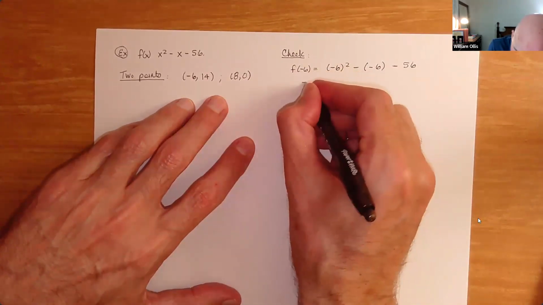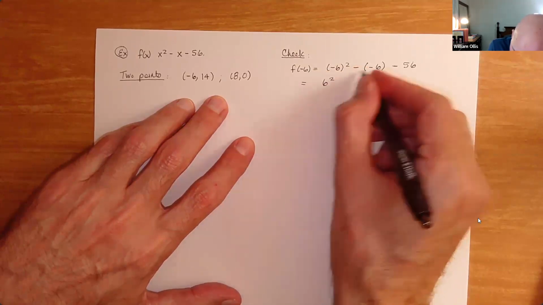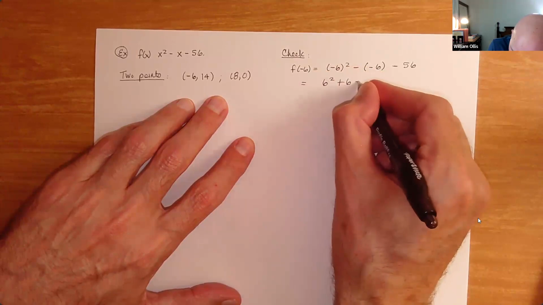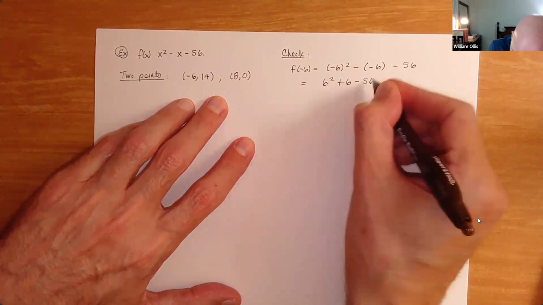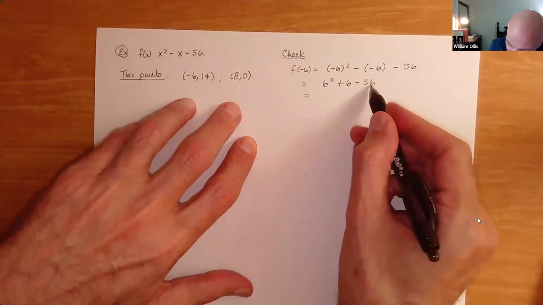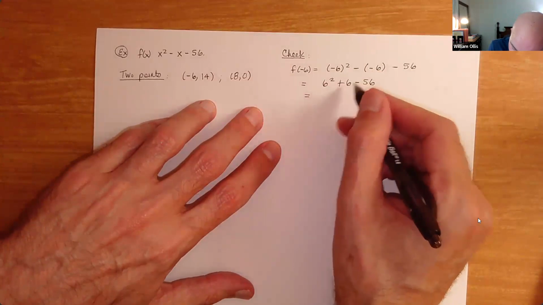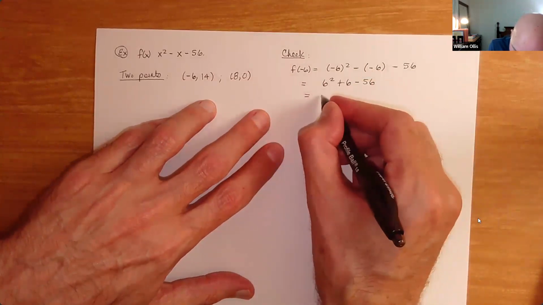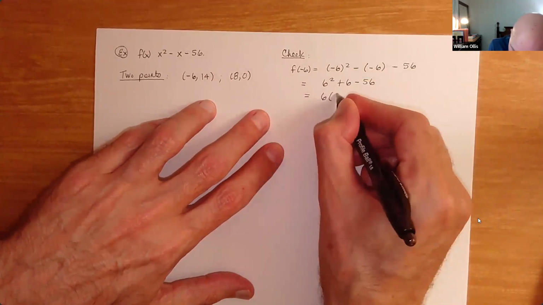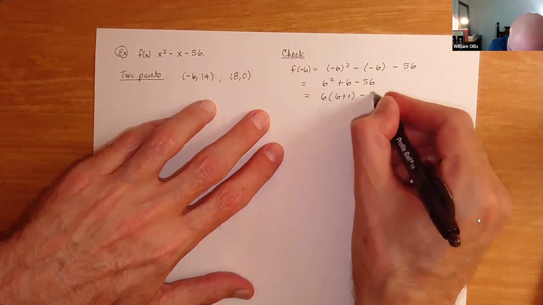So now notice this is just 6 squared because the negatives absorb, and we have plus 6 minus 56. So you can do this work this way, combine these two. That would be easy to combine. Or you can factor the 6, many different ways to do this. So we have 6 times (6 plus 1) minus 56.